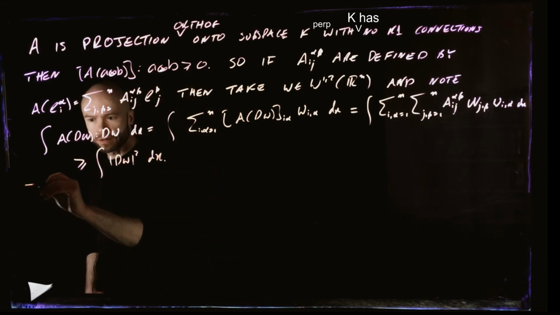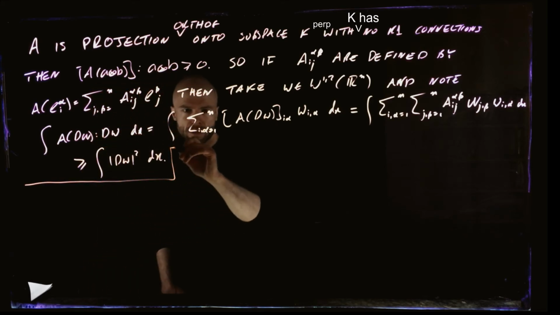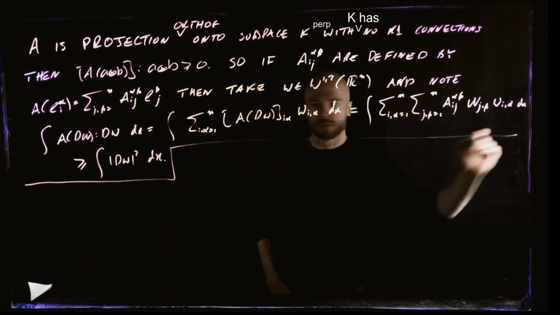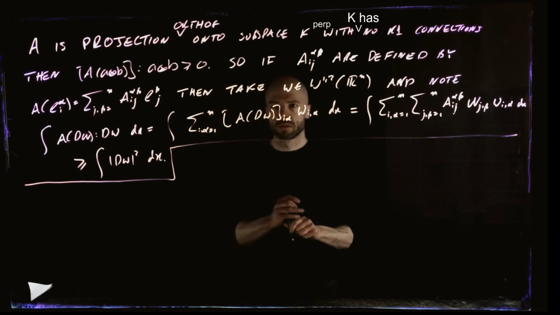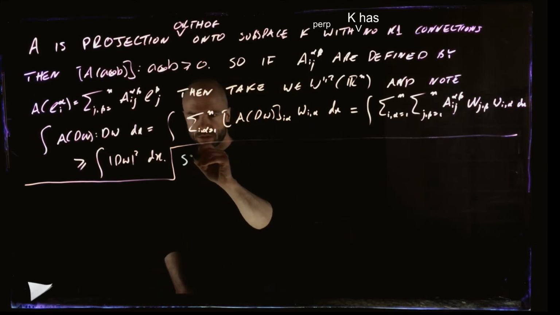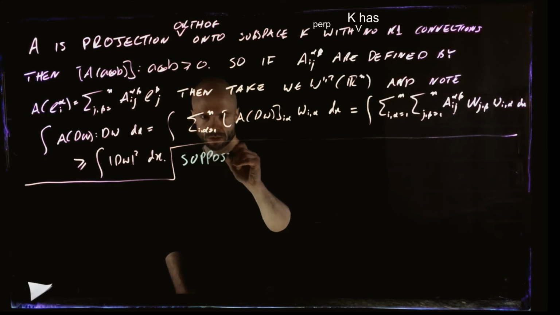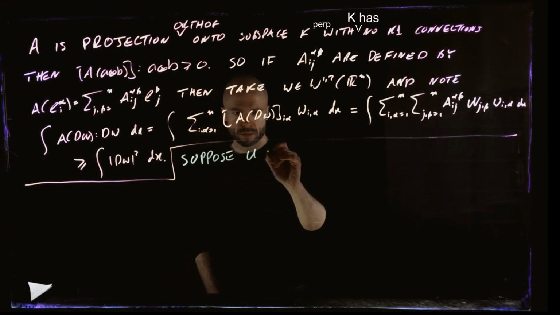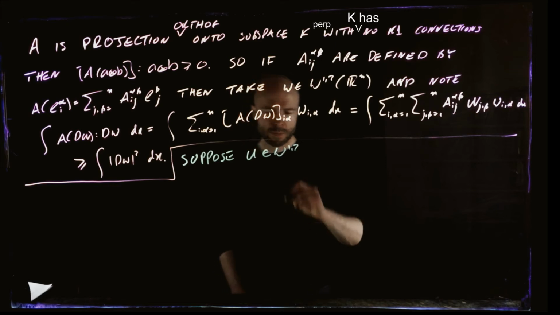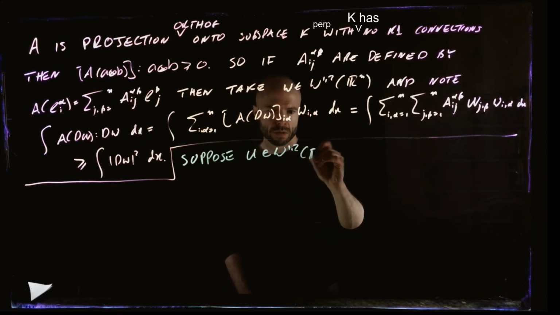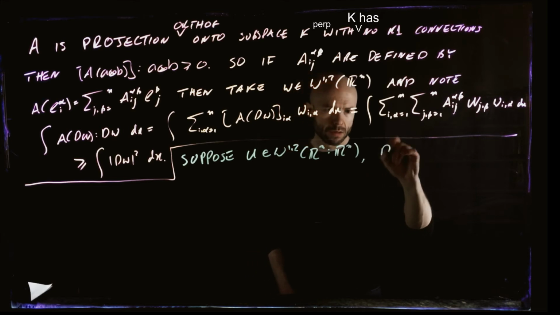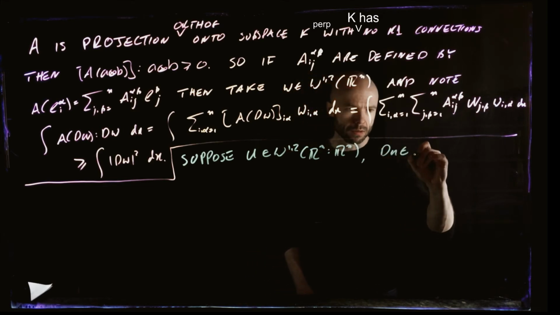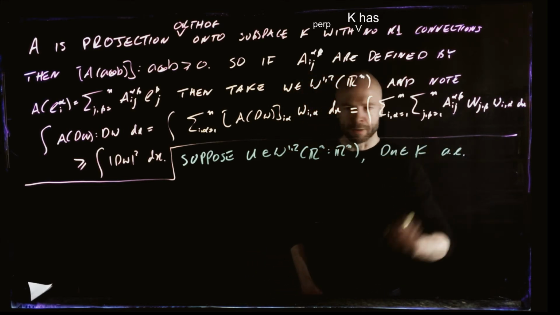So now we're going to apply this for the differential inclusion into our set K. So suppose U belongs to W^{1,2}, R^n into R^n, and U belongs to K almost everywhere.